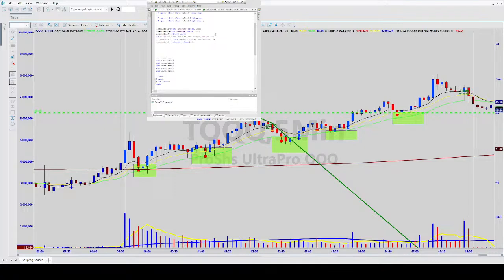So we're looking for bears, so the open is going to be greater than close, but we got to say that the close has got to be below the 9 EMA. All right, so condition 7 equals close is less than average close of 9. Go down here and condition 7.